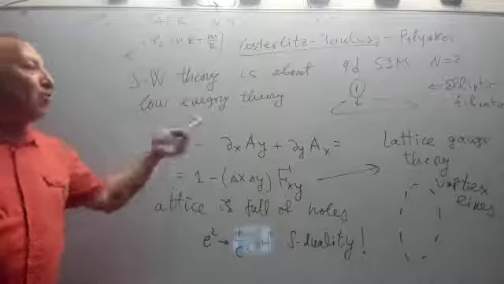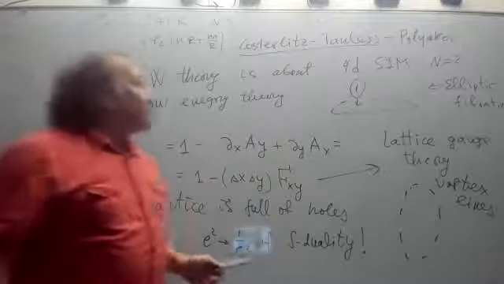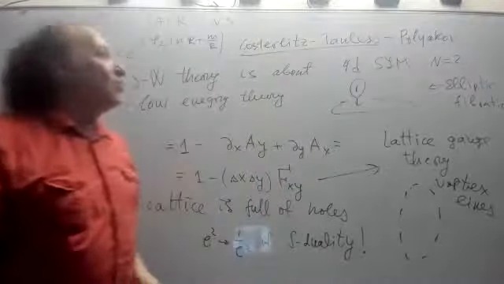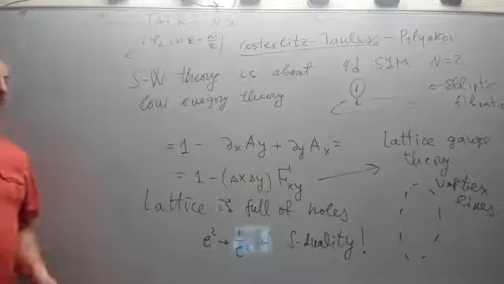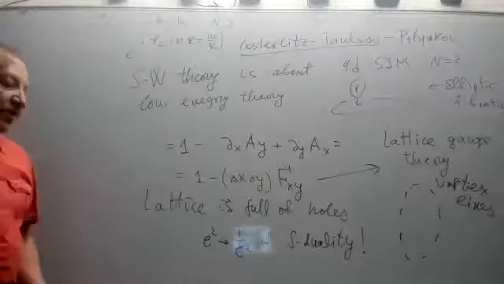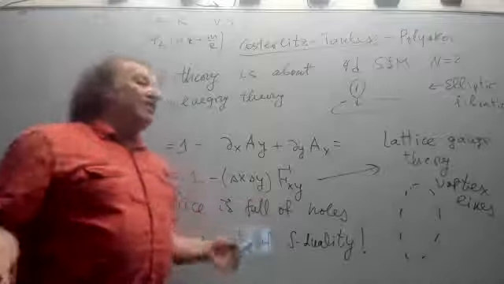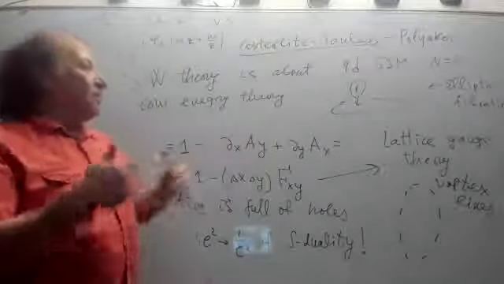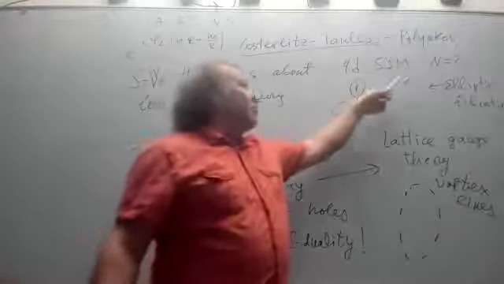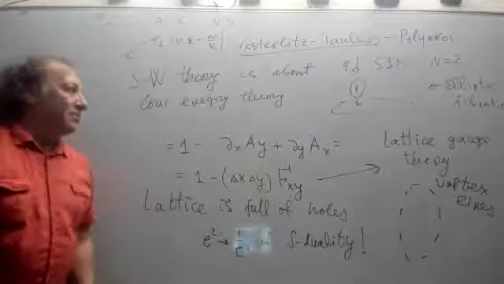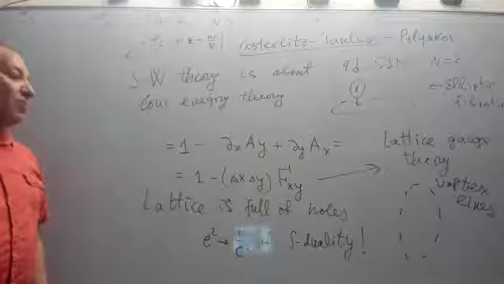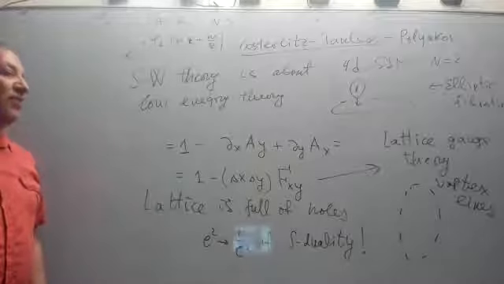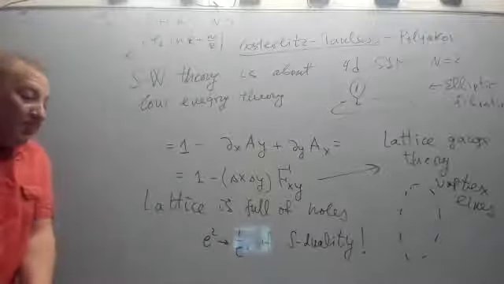So I will choose one of the topics. Either Kosterlitz, Thouless, Polyakov, and I will explain that quantum field theory has no Lagrangian, it is a phase transition and all that. Or I would explain my own great result about super Yang-Mills and low energy U1 theory. But I would not explain both, you see?